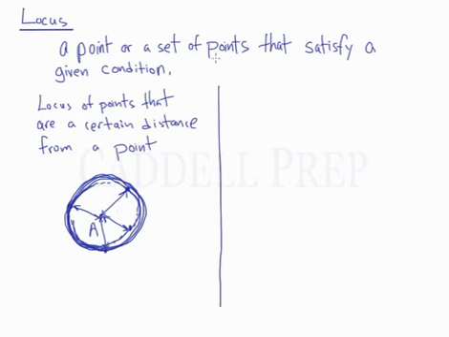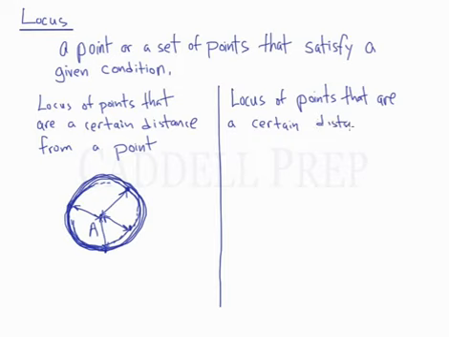Okay, another example would be a locus of points a certain distance from a line. So we may have a line, and we want to find the locus of points that are a certain distance from this line.